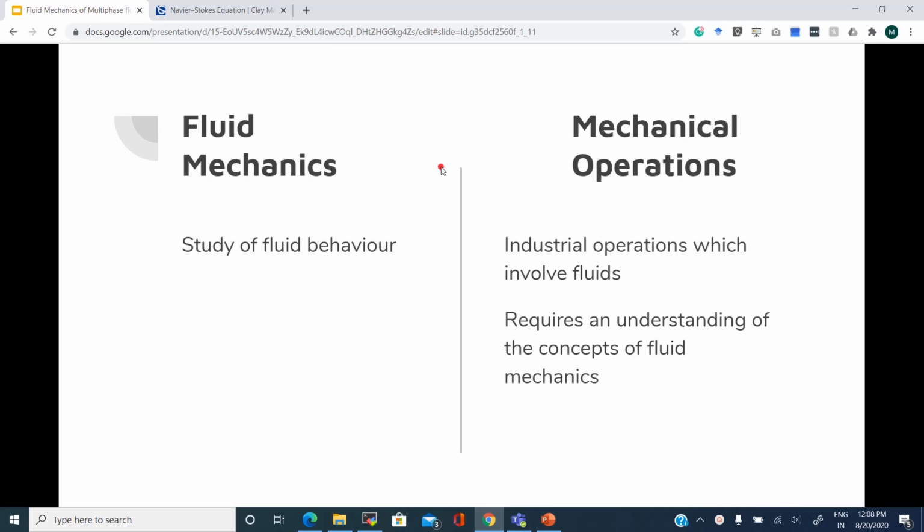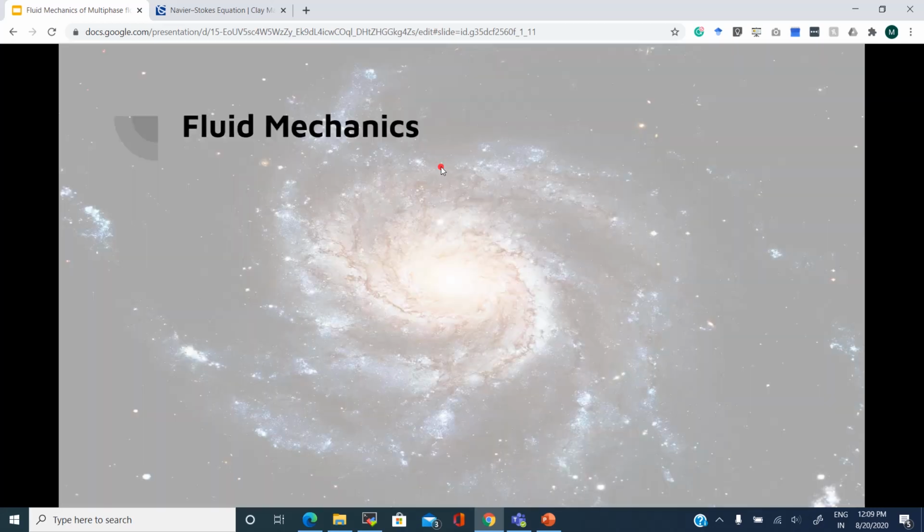On the other hand, we have mechanical operations, which is the application of these concepts that we learn in fluid mechanics. Mainly, we will focus on the industrial operations which involve fluids. These will require an understanding of the concepts of fluid mechanics that we learn in the first part of this course.